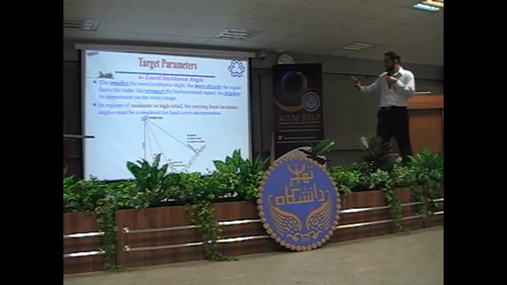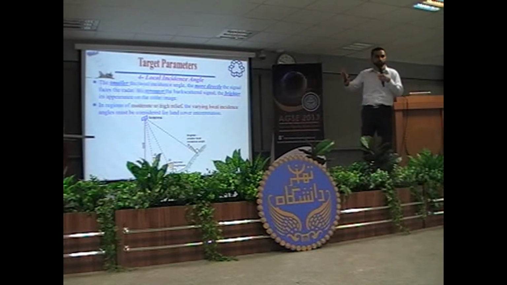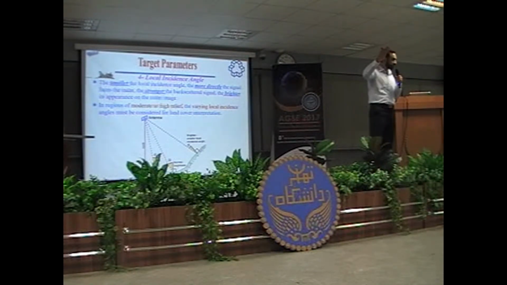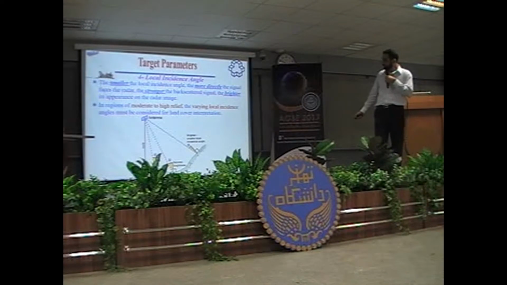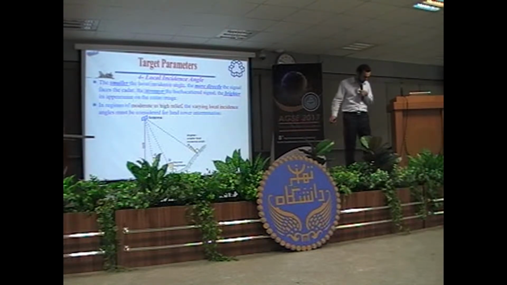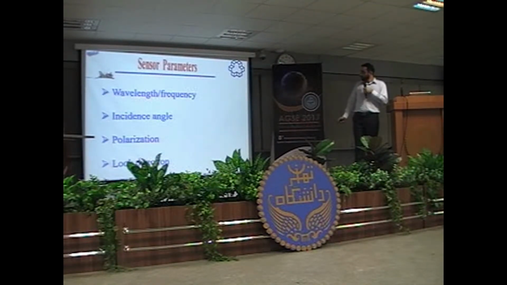Because when the incidence angle is lower, it means that the slope is completely toward the antenna, so most of the energy can come back to the antenna. So the local incidence angle is another parameter which can affect the amount of backscatter toward the antenna.